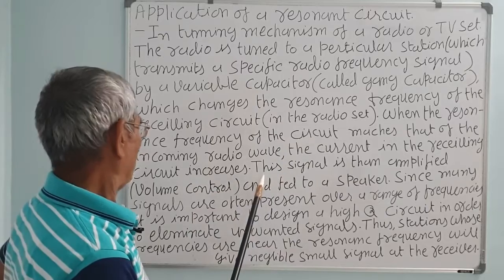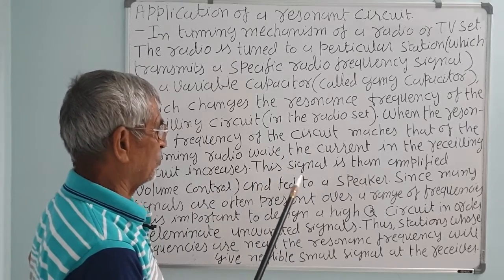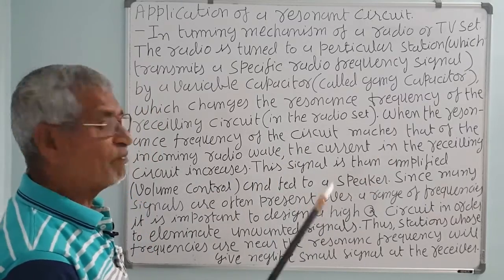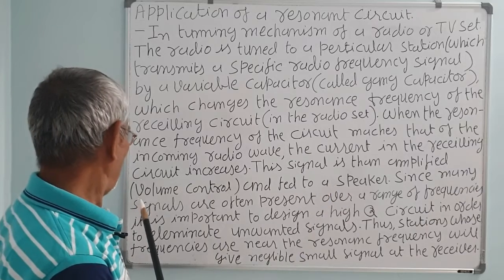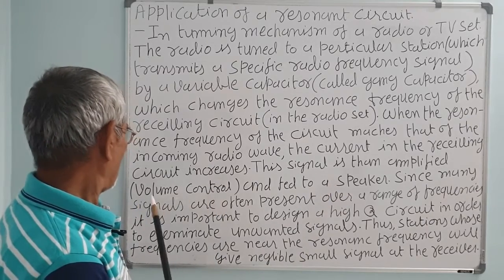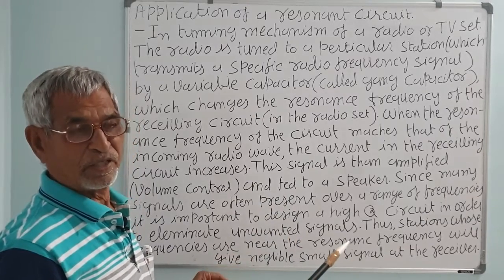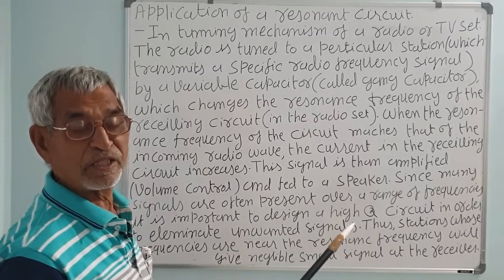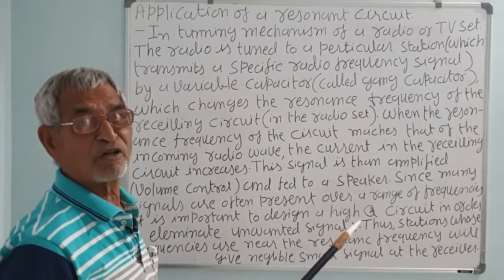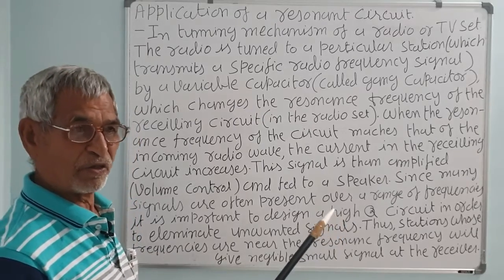After receiving the signal in the radio, it is amplified. There is an amplifier circuit in our radio, that is the volume control, correct? So first tuning is done by another knob that is connected with the gang capacitor. This is a variable capacitor. It is not a fixed capacitor. Its value can be varied.